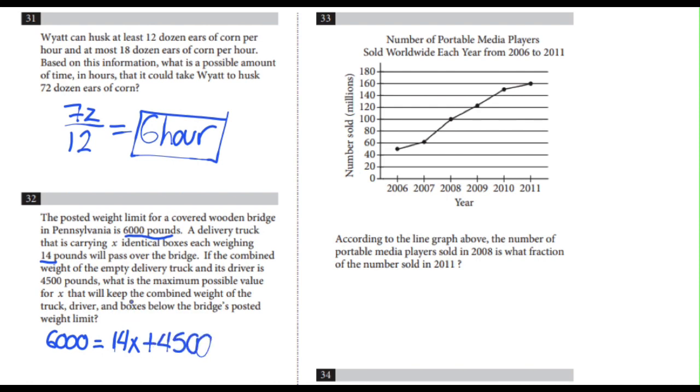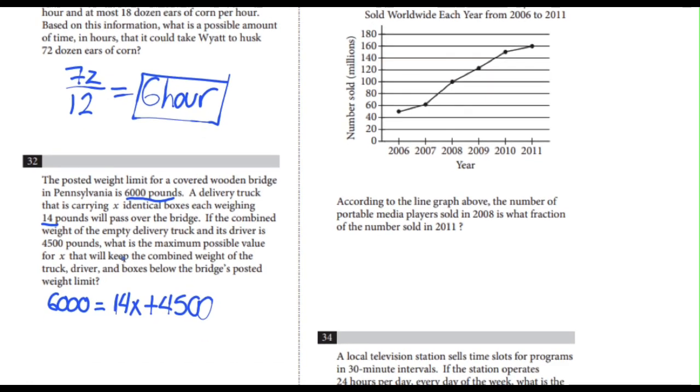So we can come up with this equation. To get x by itself, first we're going to subtract 4,500 on each side. This will tell us how much weight is available just for boxes. 6,000 minus 4,500 is going to be 1,500, which equals 14x.